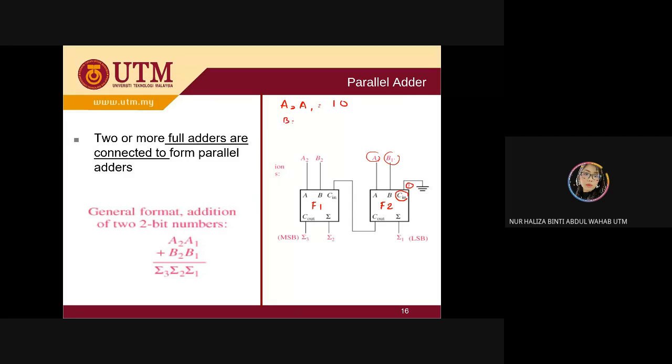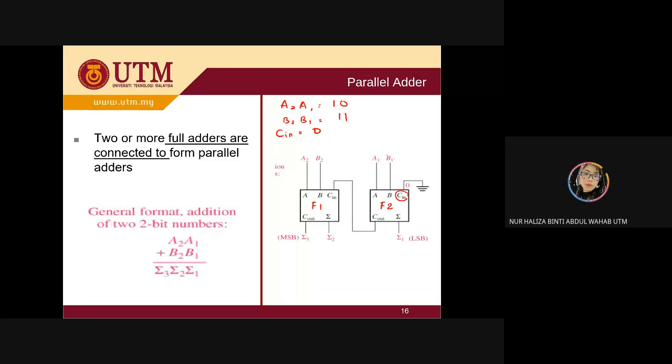And my B2, B1 is 1, 1. Okay, I give you example only, okay? And at the starting, you will be given in your question, your C in will be 0. So what happened? You need to know how to construct it.